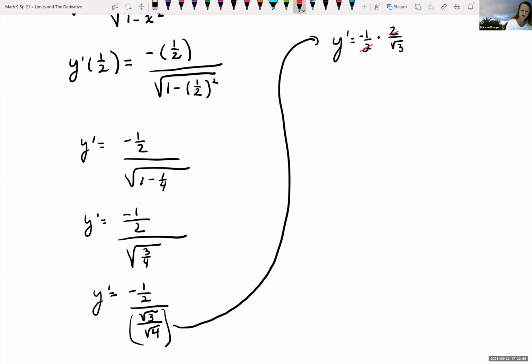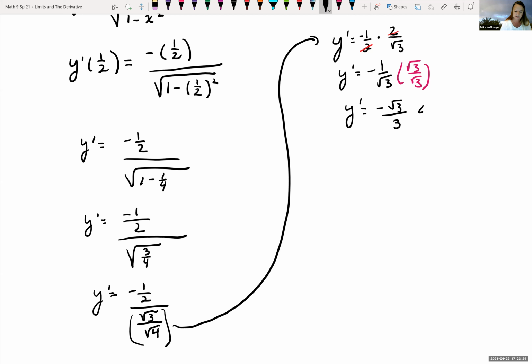Cancel out those 2's, and we get that the derivative is equal to -1 all over root 3. A lot of times we don't like radicals in the denominator, depending on what form they want it. But we could get rid of that radical in the denominator by multiplying by a fancy one of root 3 over root 3, and we would get -√3 all over 3.